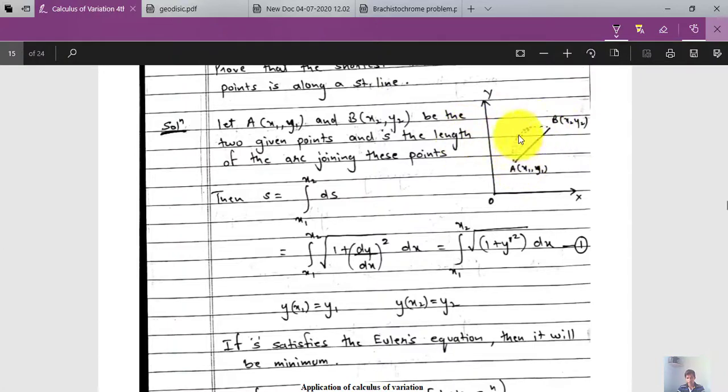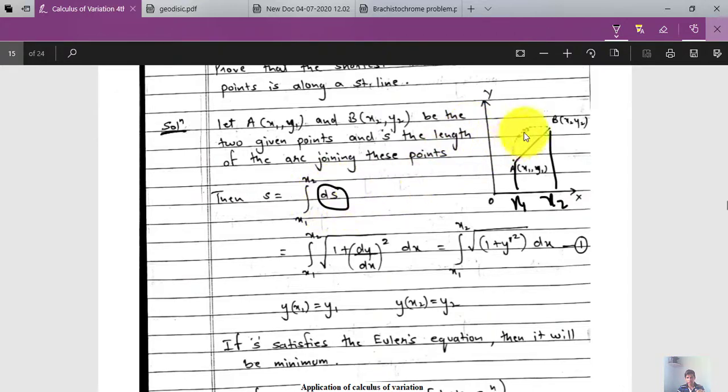So the curve, you can say, and then s is equal to the integral taken between the points x1 and x2. That is what I explained in the very first class, lecture 1 of unit 5, and some part of it, ds.